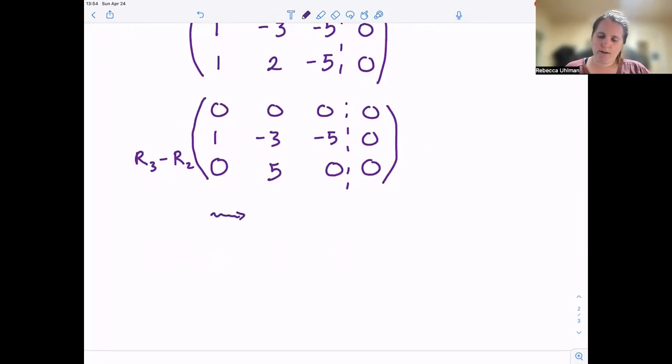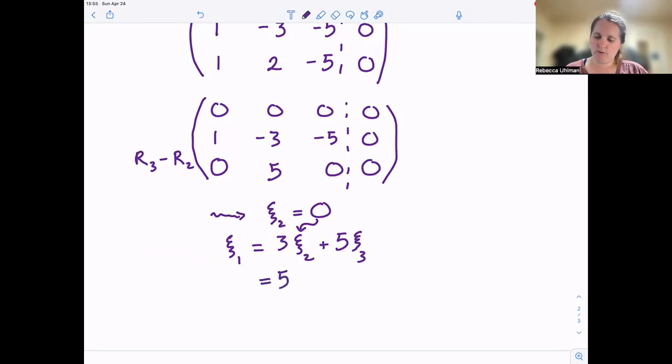This tells us that psi2 is equal to 0. We know that psi1 is equal to 3 times psi2 plus 5 times psi3. Plugging in that psi2 equals 0, we get that psi1 is simply 5 times psi3.